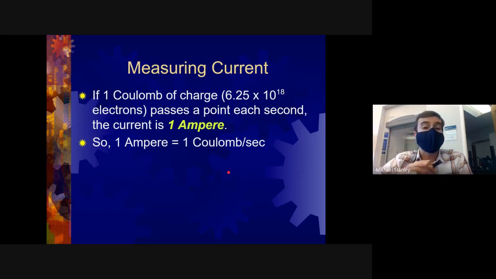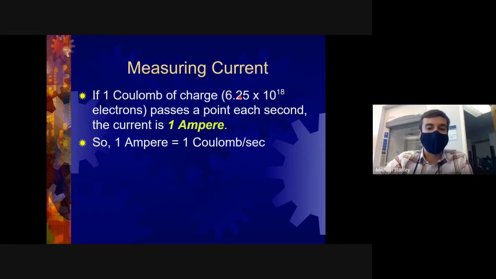So the measurement of current, the amount of current that we have, is 1 coulomb of charge. Remember, a coulomb is the amount of like 6.25 times 10 to the 18th, billions of billions of electrons, right? Remember, electrons are incredibly itty bitty tiny.